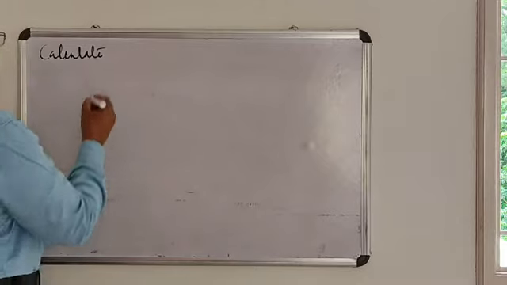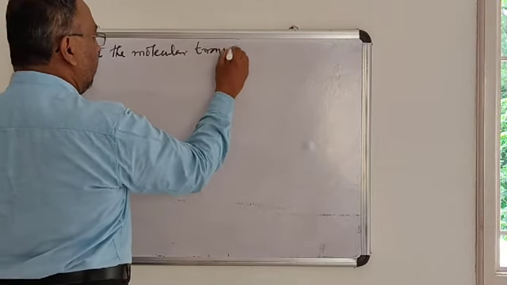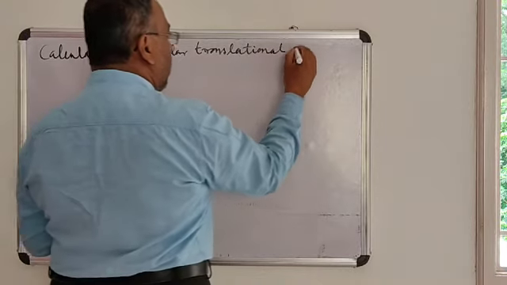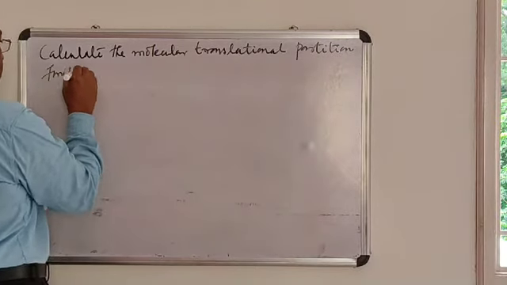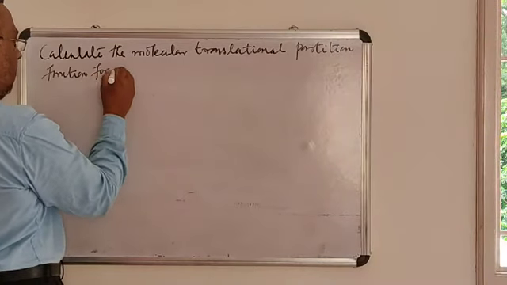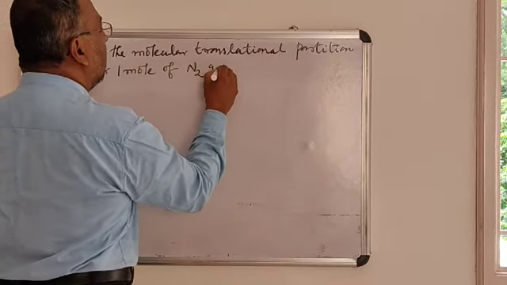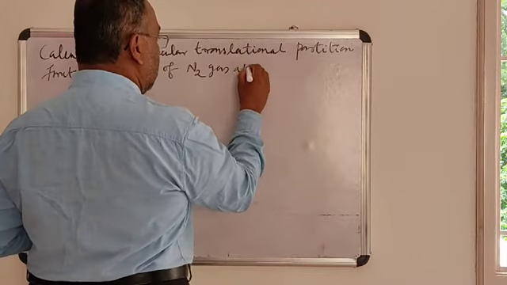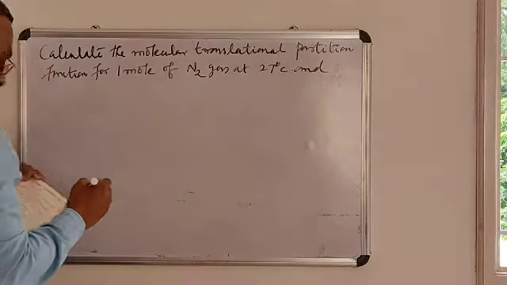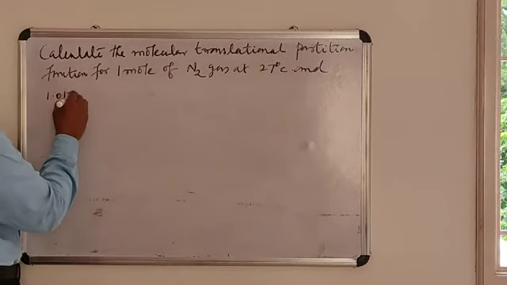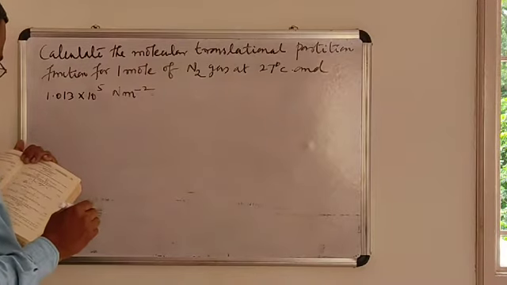Calculate the molecular translational partition function for 1 mole of nitrogen gas at 27 degrees centigrade and 1.013 into 10 to the power of 5 Newton per meter square.